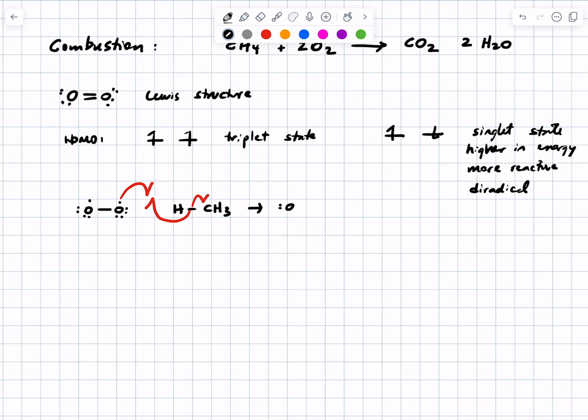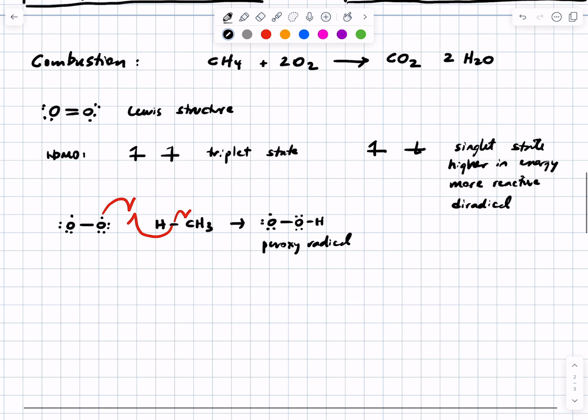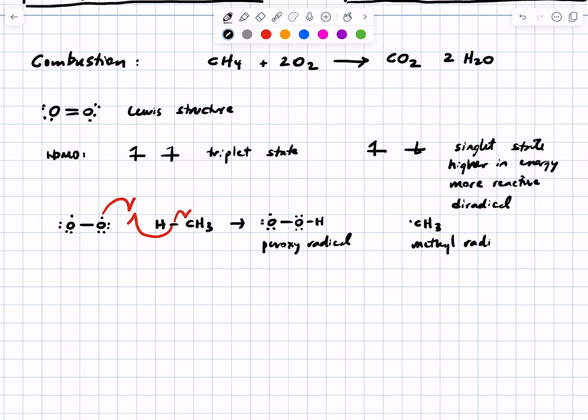And this is why oxygen is so good at combustion, because after you've done hydrogen abstraction, you've got a new oxygen-hydrogen bond, and this is called the peroxy radical. But you've still got one radical left over on the oxygen, and in addition, you've just made methyl radical. So that's definitely one of the reactions that's going on.